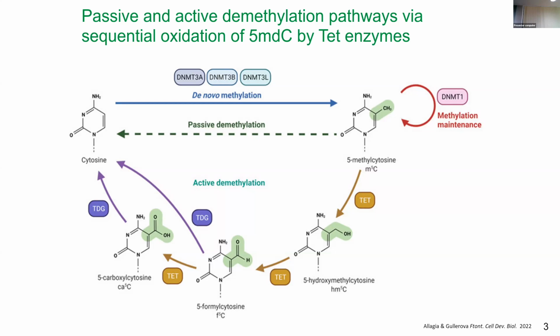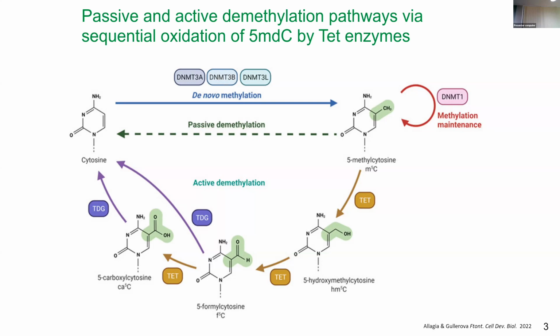On the other hand, you can have active demethylation by TET enzymes, which you heard about yesterday, that use iron and alpha-ketoglutarate to oxidize 5-methylcytidine to hydroxymethylcytidine, formylcytidine, and carboxycytidine, and these can then be removed by the base excision repair enzyme DNA glycosylase.